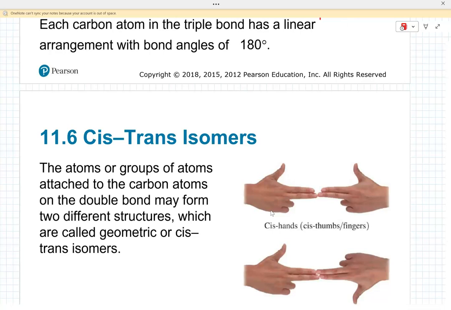Now, the presence of a double bond specifically explains the existence of another type of isomers called cis-trans.